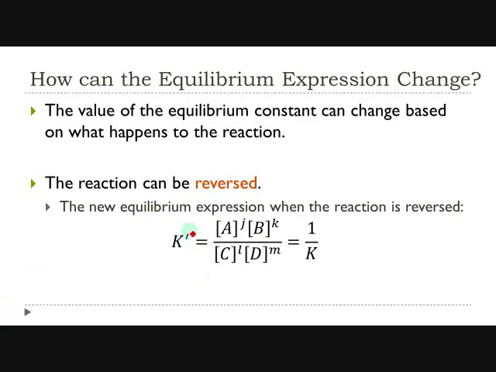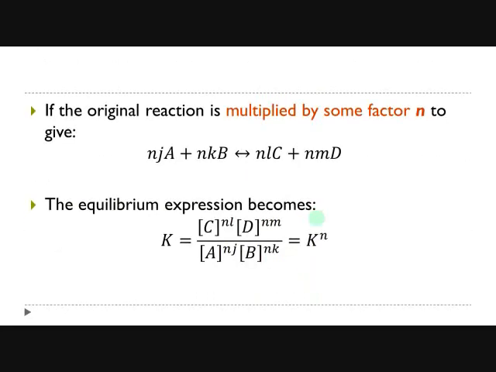So if we do the backwards way, how you would solve for the new value of K is you just invert the original value of K. Whenever you notice that the reactants and products have switched, it's been reversed, take the inverse. When it's been multiplied by some factor, so you have the same equation but it's multiplied by some value of n, then what you do is raise K to that power.